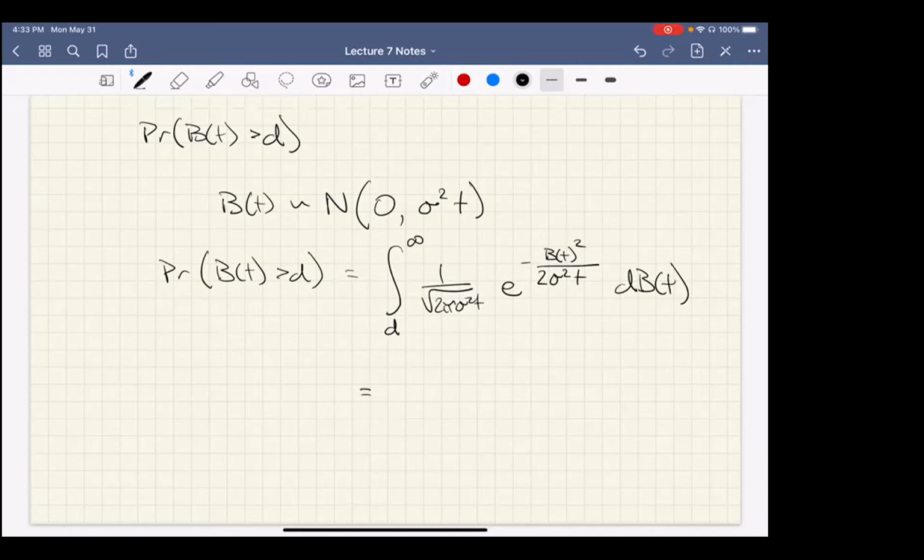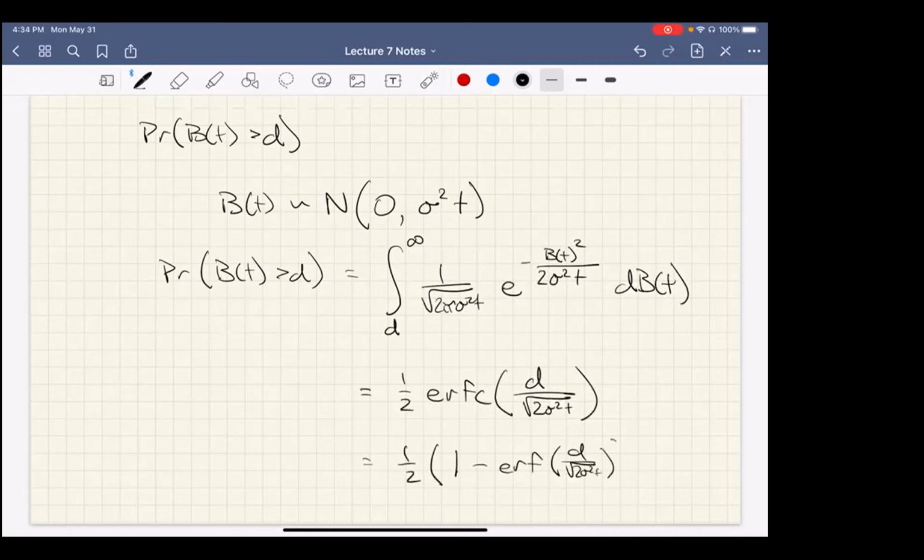This is 1/2 the complementary error function of d over root 2 sigma squared t. This can also be written, because ERFC is 1 minus ERF, as 1/2 of 1 minus ERF of d over root 2 sigma squared t. So that's pretty cool.